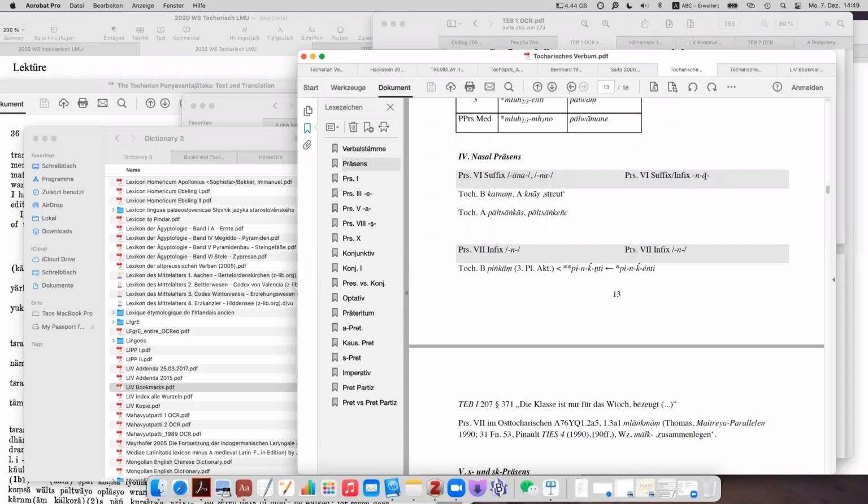The second one is just simply a nasal infix. Why do we have this difference? Because the first one also goes back to roots ending in a laryngeal.